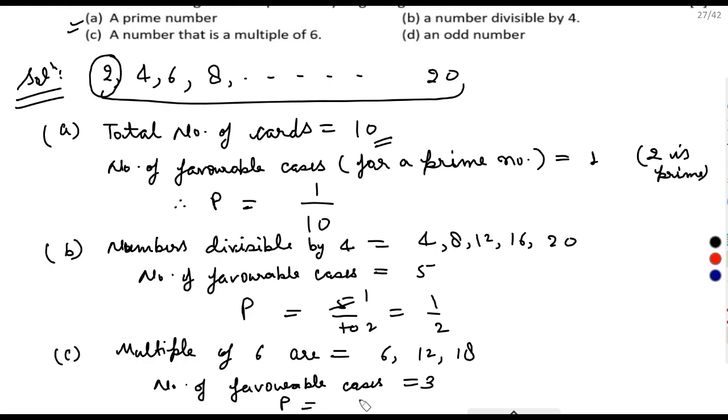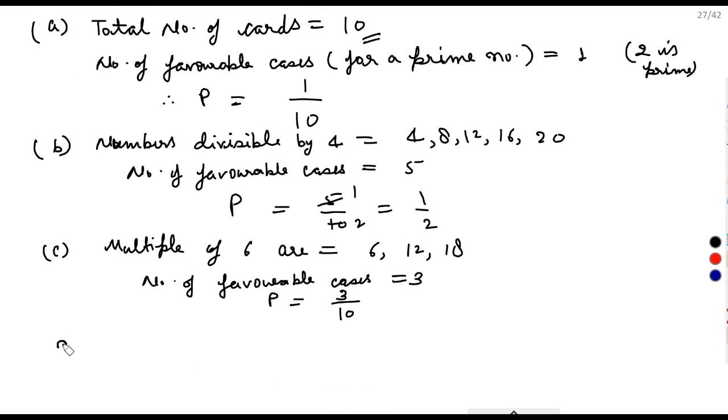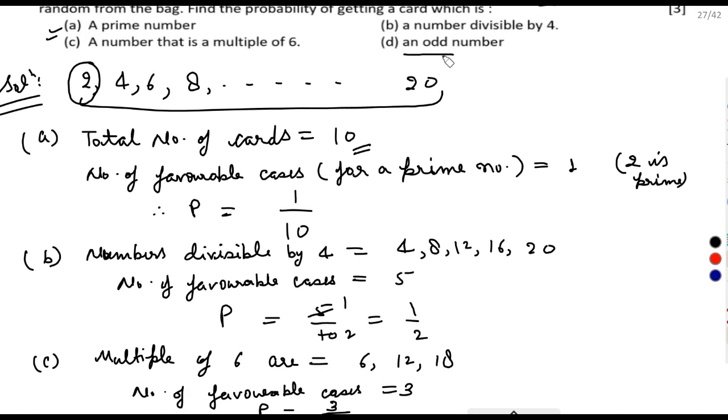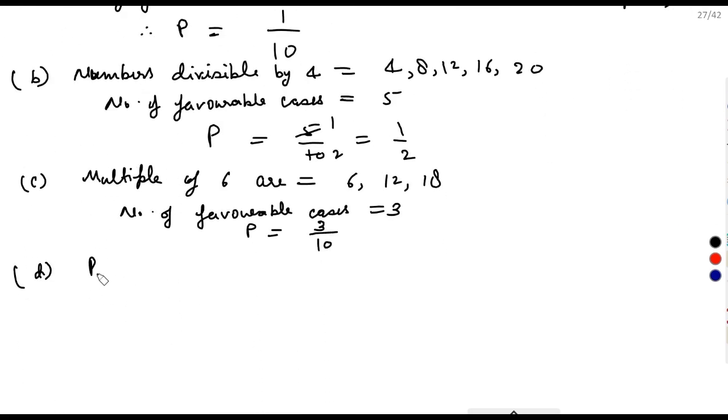Then probability of this case is 3 by 10. In fourth part, we have to find an odd number. There is no odd number among these numbers. So, probability of getting an odd number is 0.